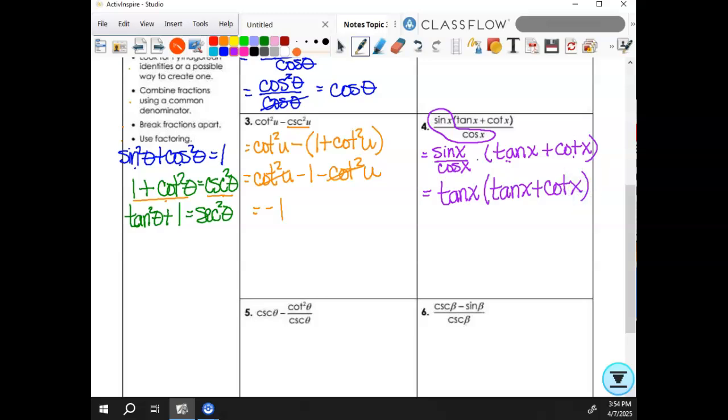Now, I think I'll go ahead and distribute. When I do that, tangent times tangent is tangent squared. Tangent times cotangent, those are reciprocals, so I get plus 1. And then look at what this is. Tangent squared theta plus 1 equals secant squared. So this just gives me secant squared x.